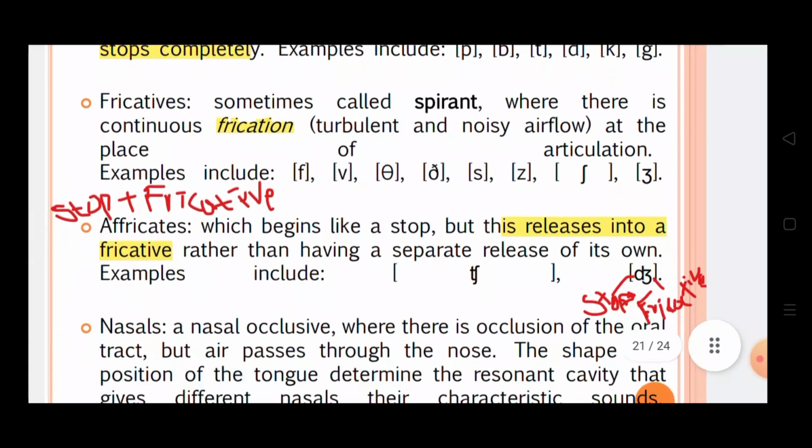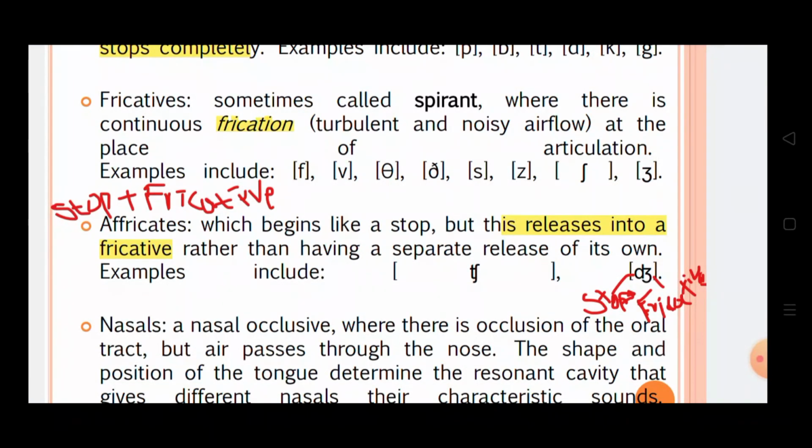So fricatives are sometimes also known as spirants, where there is a continuous friction, as the name indicates. Fricative is related to friction, so there is friction, and examples include f, v, th, and s, z, sh, zh.